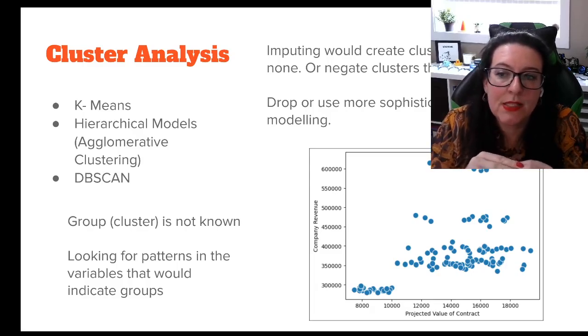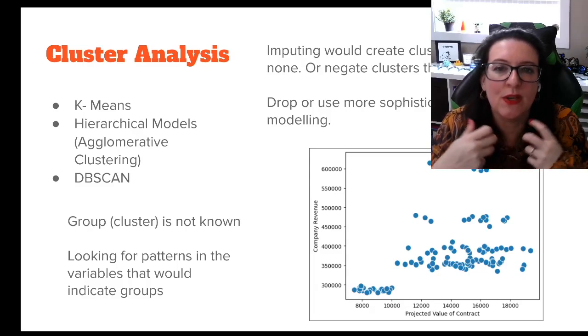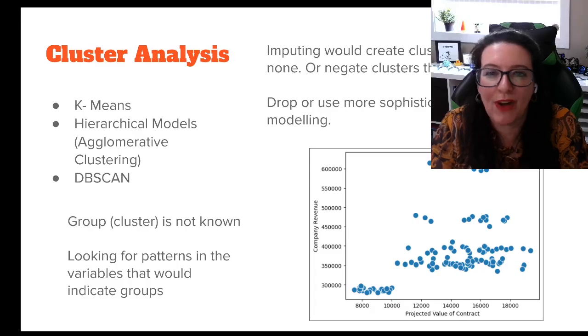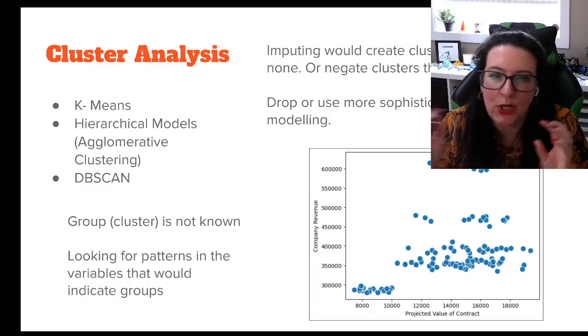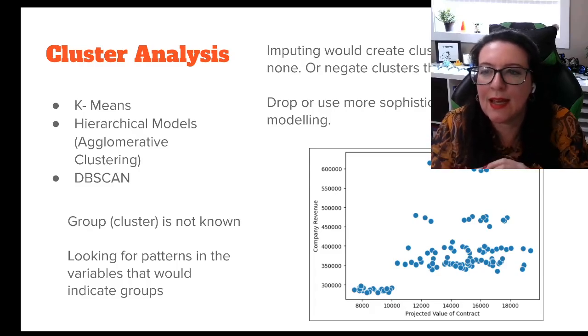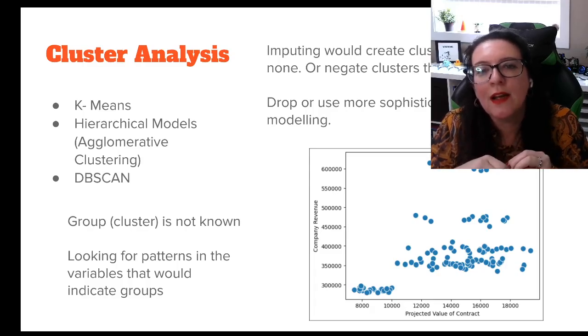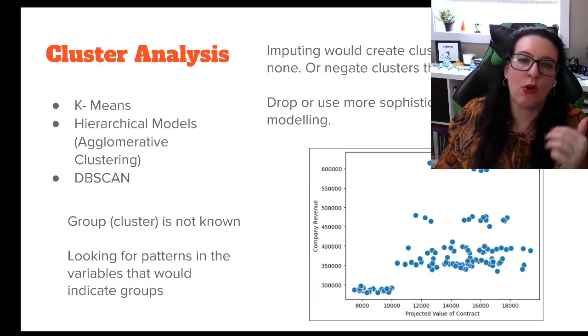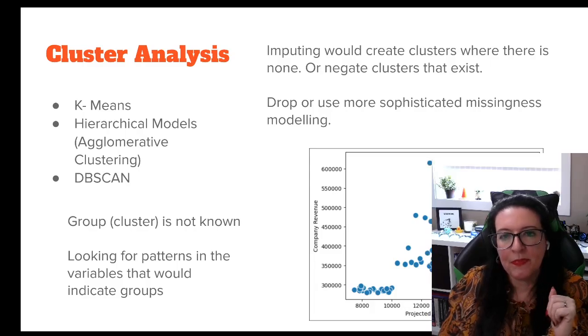With cluster analysis, because you cannot assess the accuracy of the model, and you're using it for exploration to find potential clusters, recognize that any imputation, when you're putting in values, can create clusters that don't exist or negate clusters that do exist. You're much better off dropping the rows that have missing information or using more sophisticated missingness models in those cases.